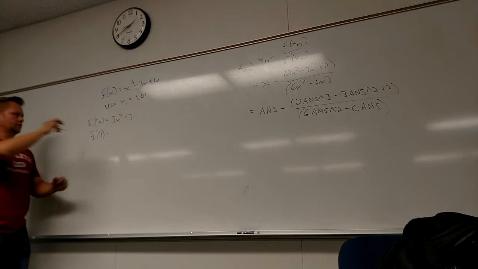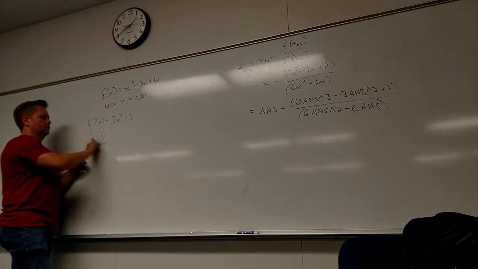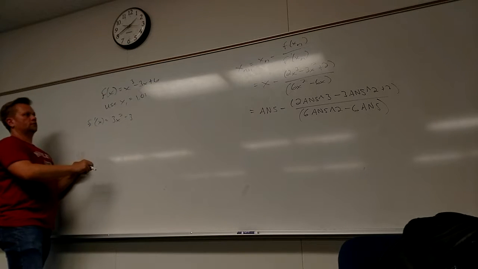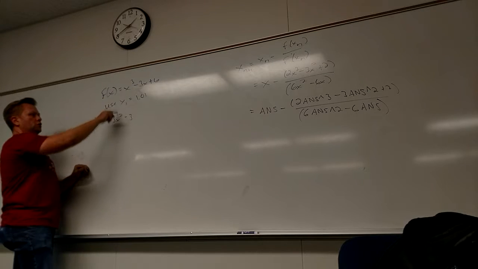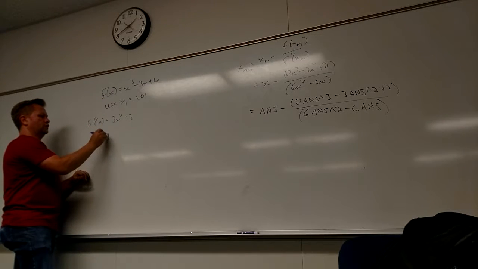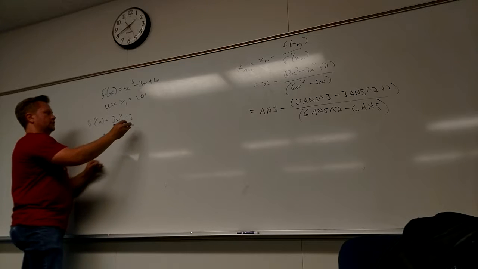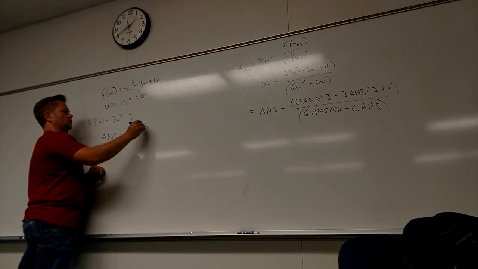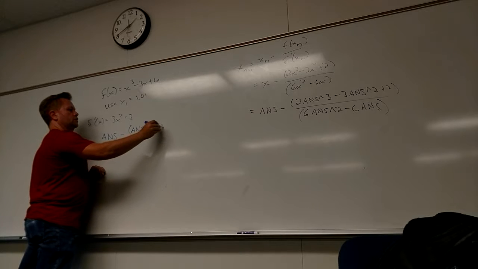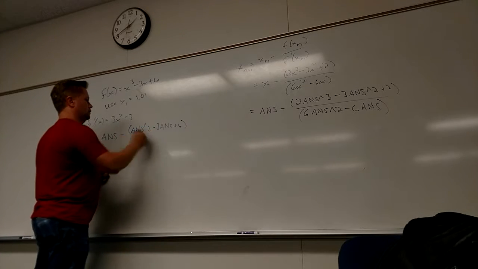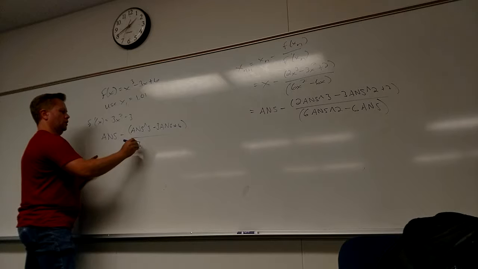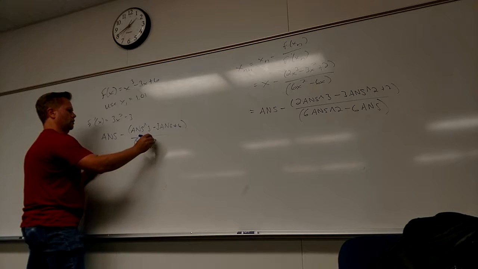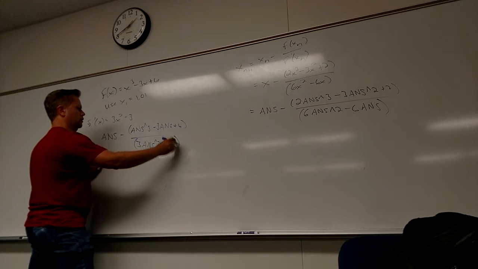Let's see what happens. So I got my function, so now what I have to use is answer minus answer cubed minus 3 answer plus 6 all over 3 answer squared minus 3.